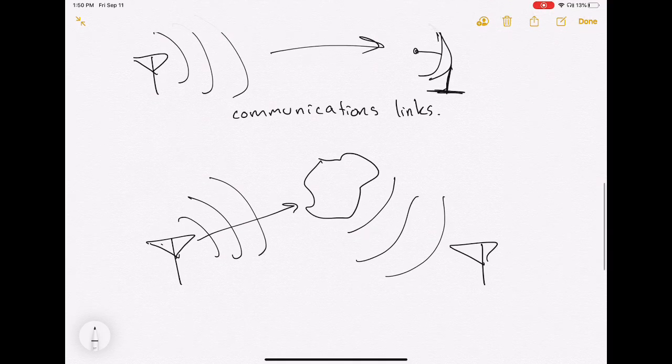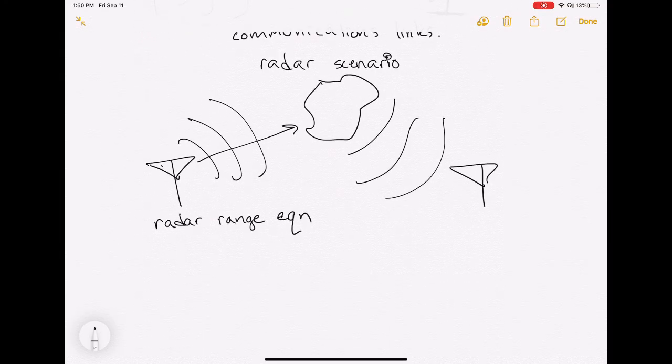That is represented by the radar range equation instead. Now, the first part of this equation is going to work out to be exactly the same because, there we go, like that.